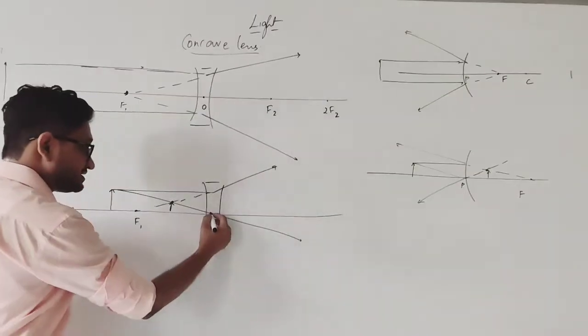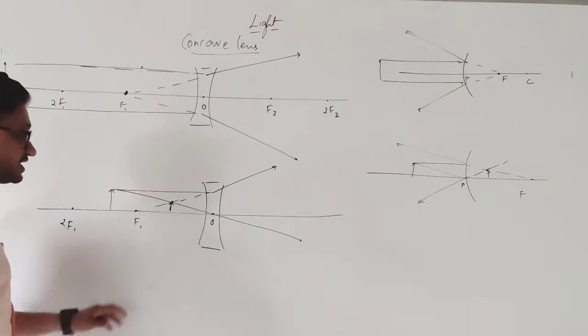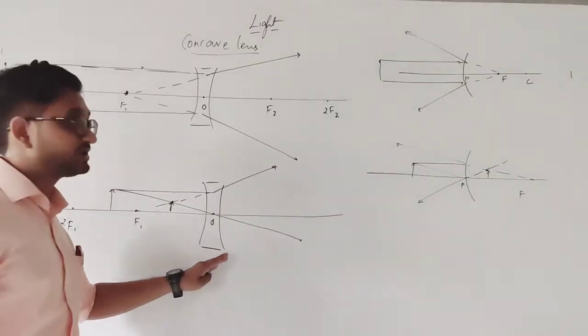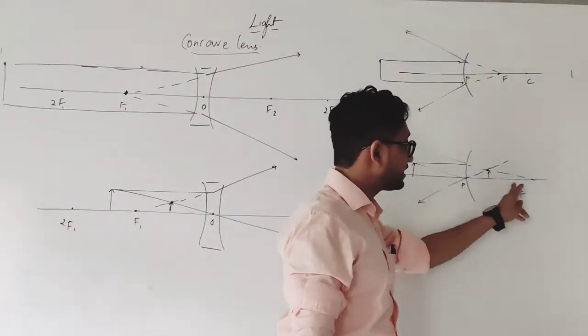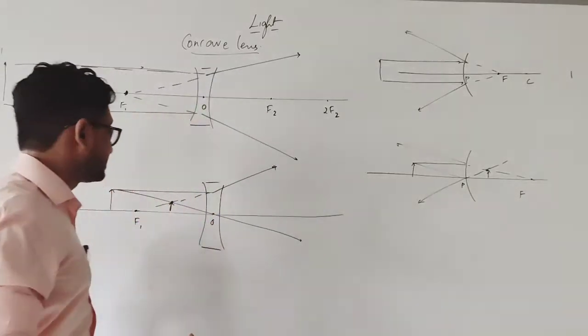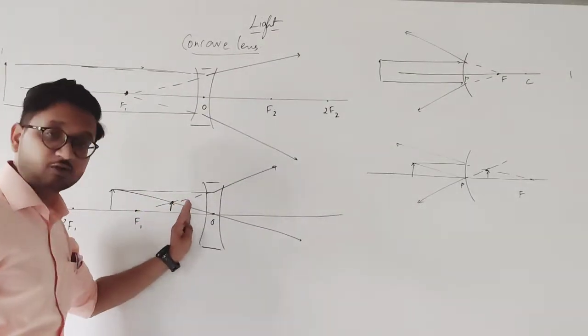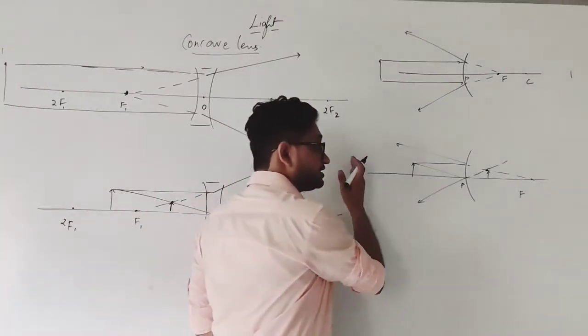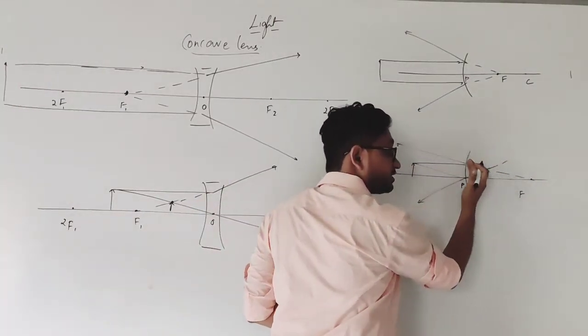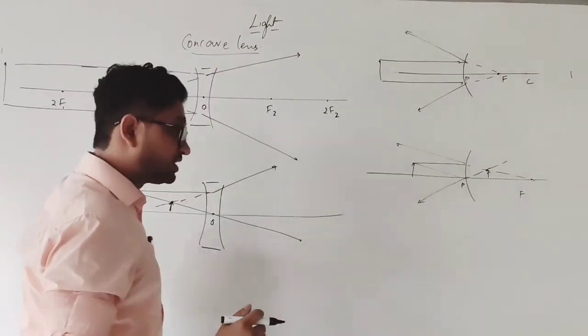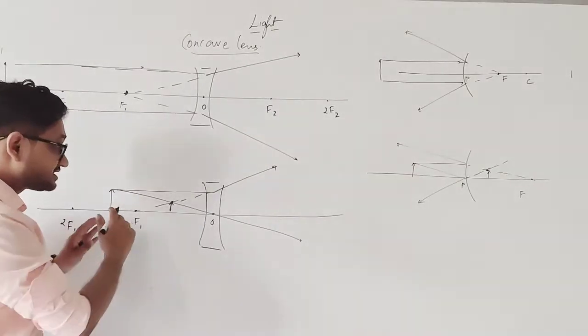Once again, you can see that the object is between focus and optical center, just like focus and pole. So only two cases. You bring the object closer and the image will be closer and closer to the lens. Similarly, you bring the object closer, the image will be closer and closer to the mirror, but it will never get larger. Same is the case over here.